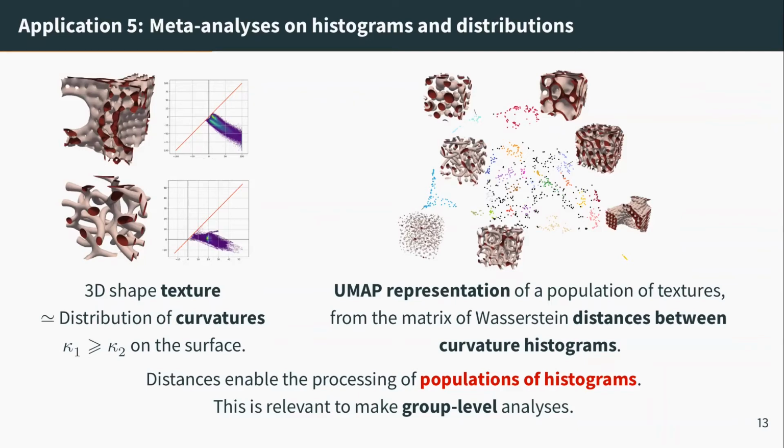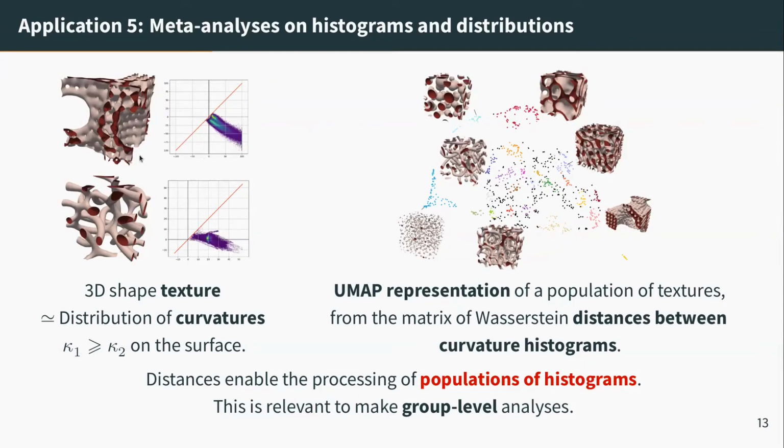So here these are pictures that are taken from this paper that I showed you in the lecture about graphs, which was about curvature. I showed you that you could define 3D shape textures as minimizers of an integral of some polynomials of the curvatures. A very simple way of defining curvature.